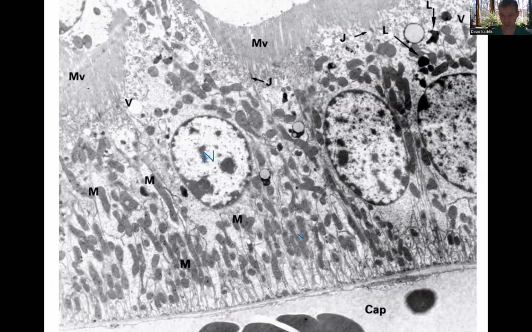You can see the striations here. On the basal side, here is a capillary with red blood cells. And of course, many mitochondria located in the basal part. On the luminal side, you have the system of microvilli, so the brush border. So this is just to show you how the cell is really arranged.